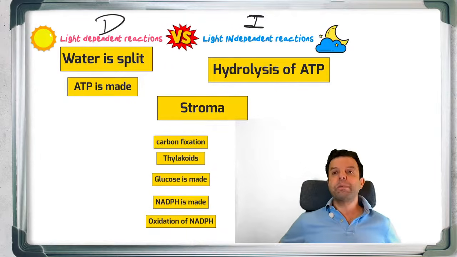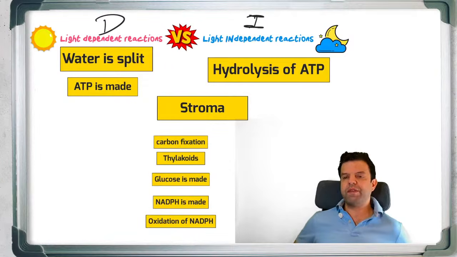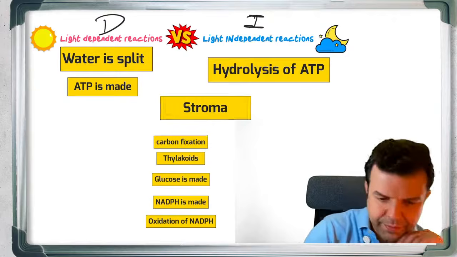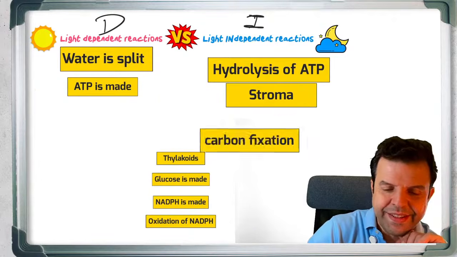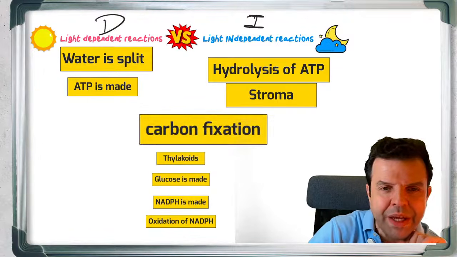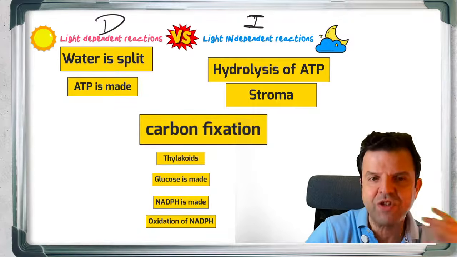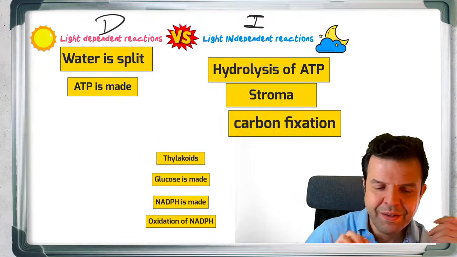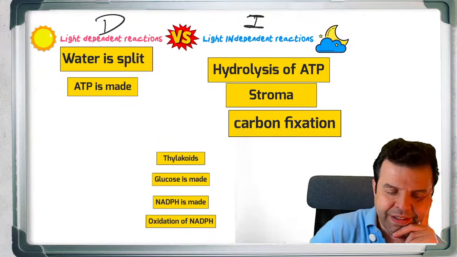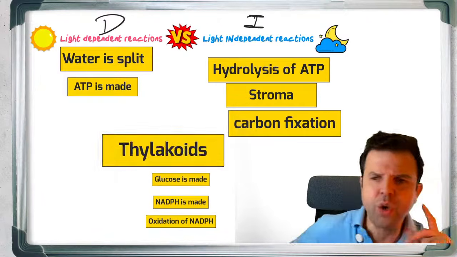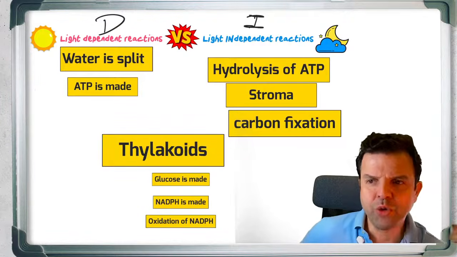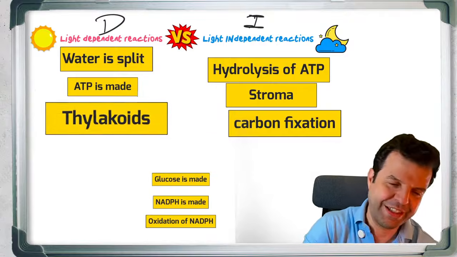Was it for dependent or independent? By the way, that's the same thing. Carbon fixation, that's where we make sugar. How about the thylakoid? Where was the thylakoid used? Here.